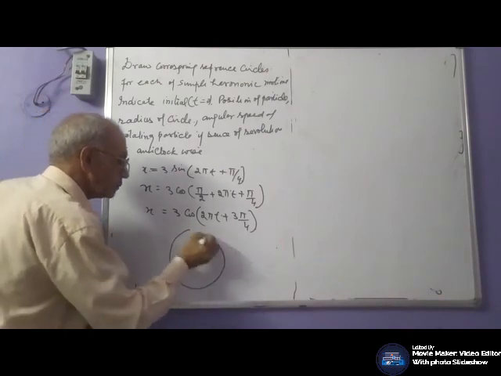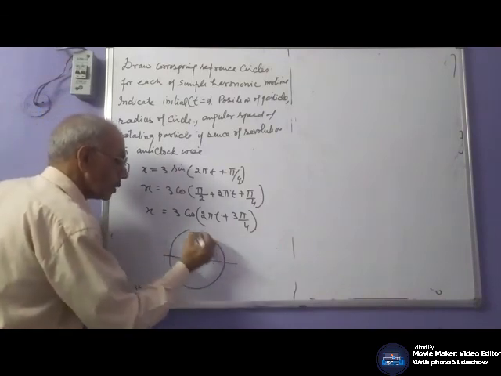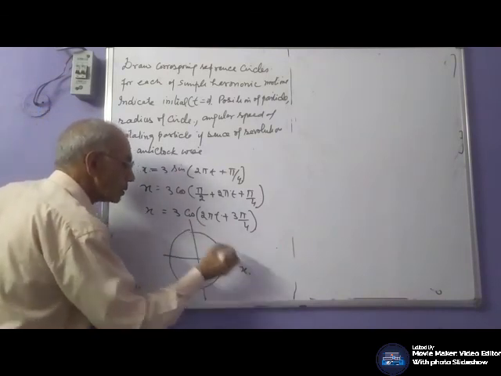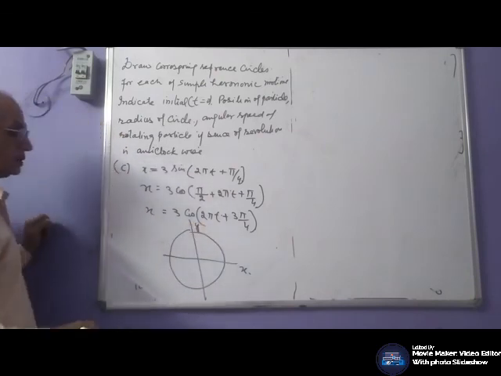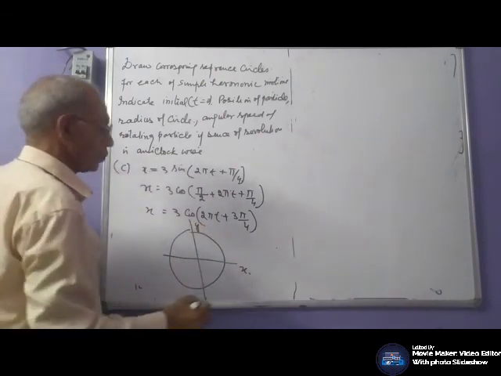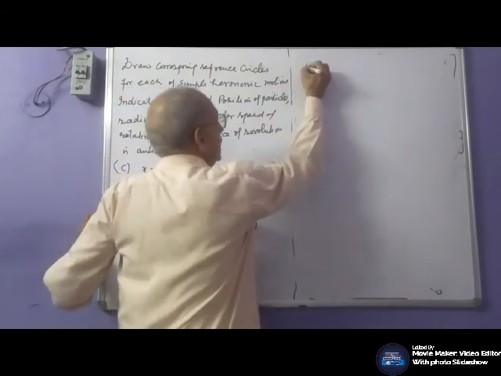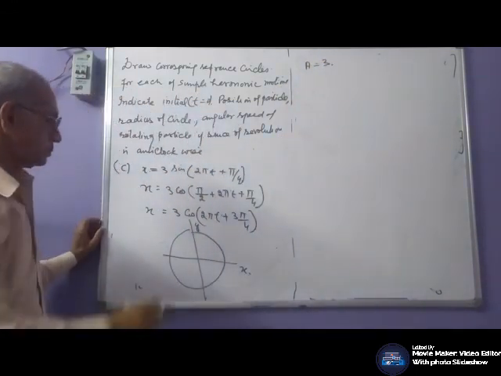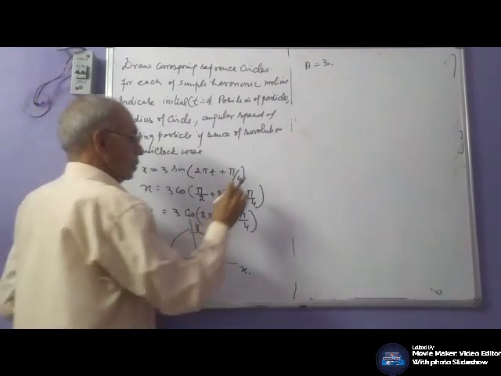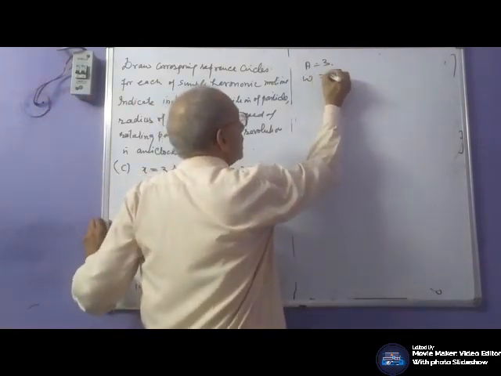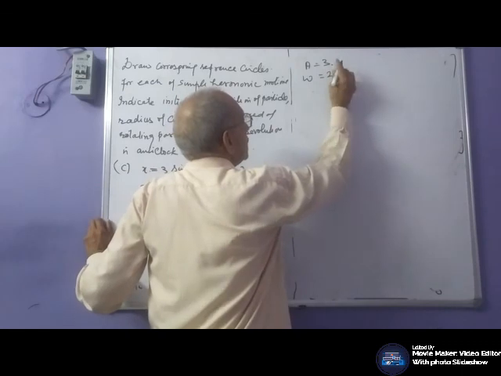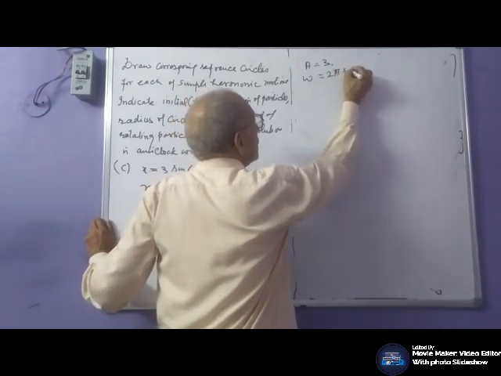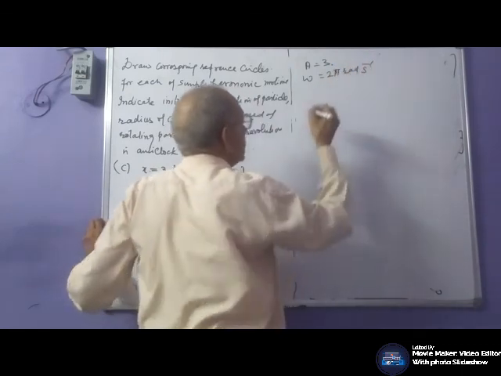Corresponding circle. x y projection this. So A here is 3. Compare with this. Omega 2 pi radian per second.